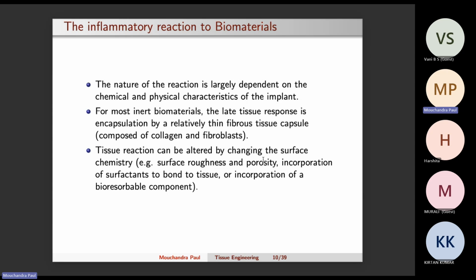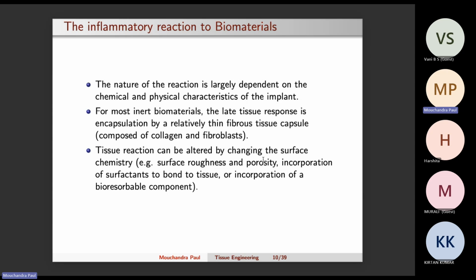But there are also those implants which are recovered later on, like the stainless steel implants. When any bone gets broken, like the longest bone, tibia, etc., people insert screws and plates and rods, right? So those get recovered. For those types of implants as well, a similar kind of inflammatory reaction happens.